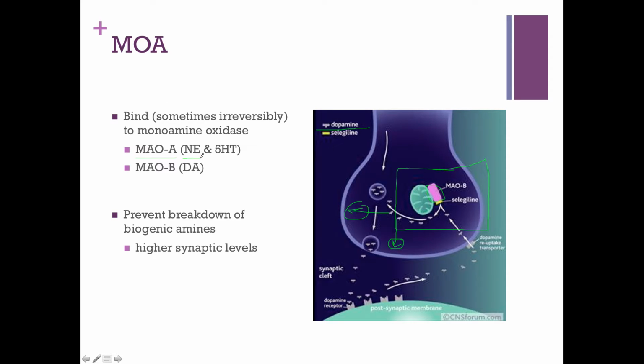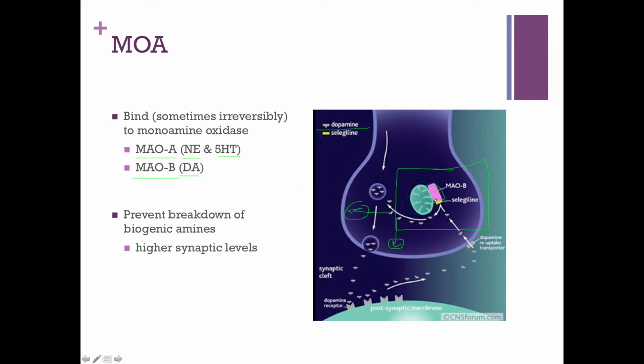It breaks down norepinephrine and serotonin. MAO-B breaks down dopamine. So what that means is if you have a general monoamine oxidase inhibitor, it's going to block the enzymes that break down all of these. If you have a specific MAO-A or B, you're targeting just either NE and serotonin or dopamine.